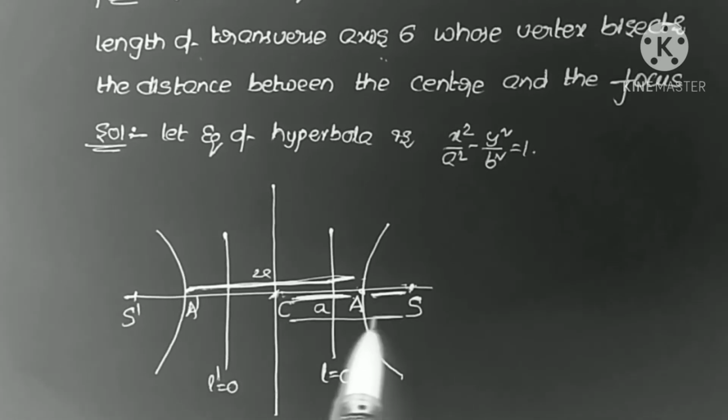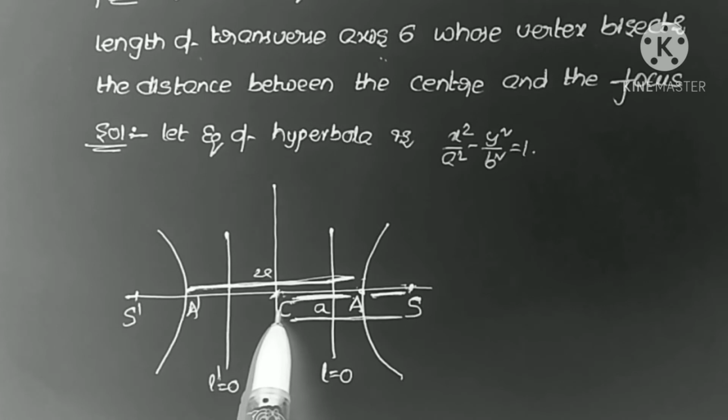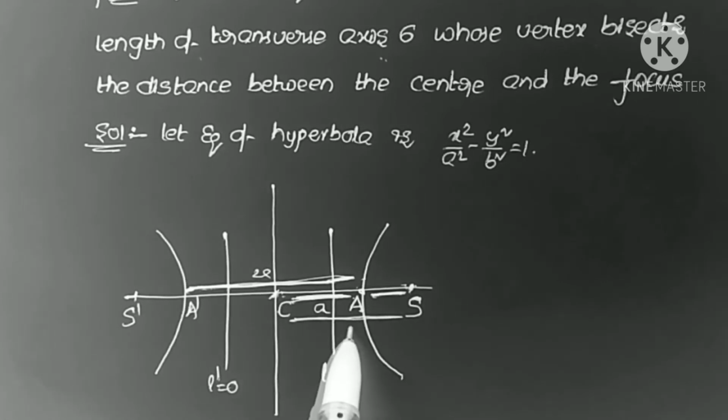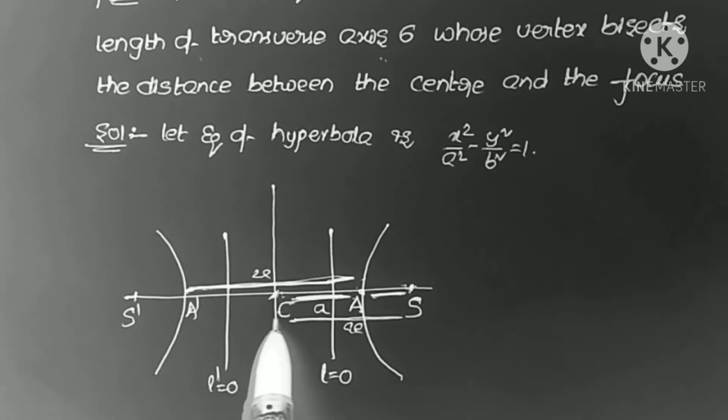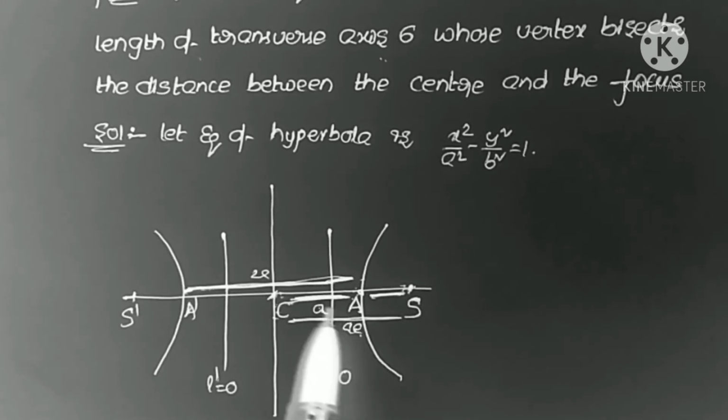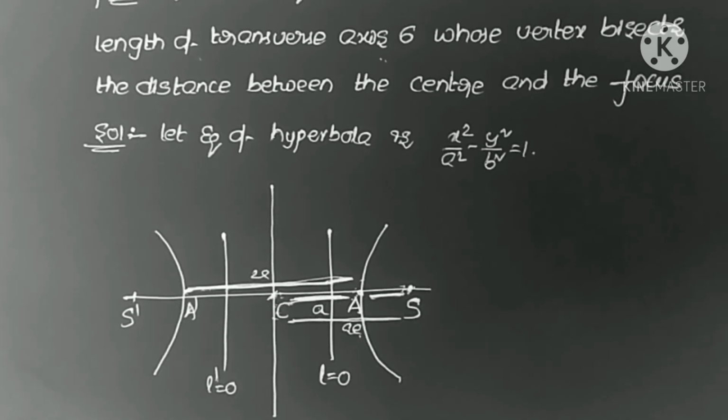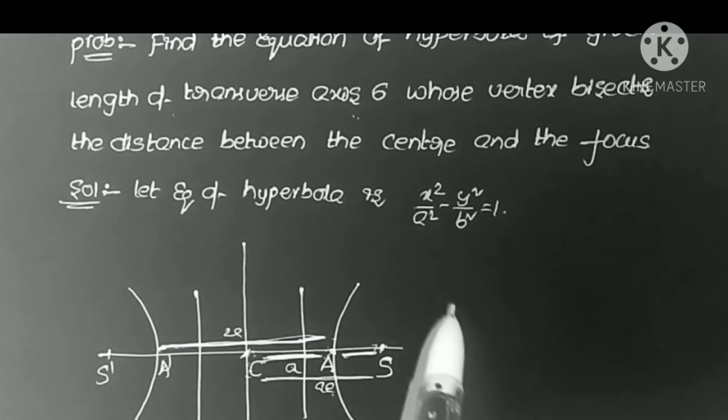And what is CS? CS is the distance between the center and the focus, that is ae. So from the diagram clearly CS is equal to ae and CA is equal to a. By equating these two values we can find the equation of the hyperbola, that is the procedure. So first we write the given data.